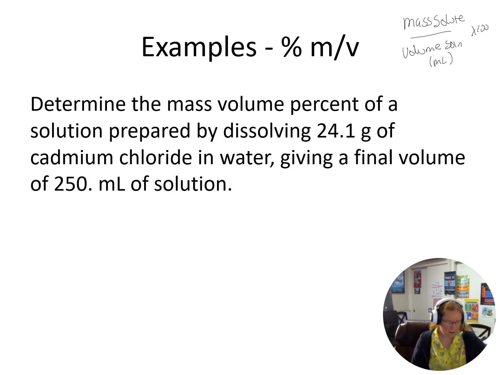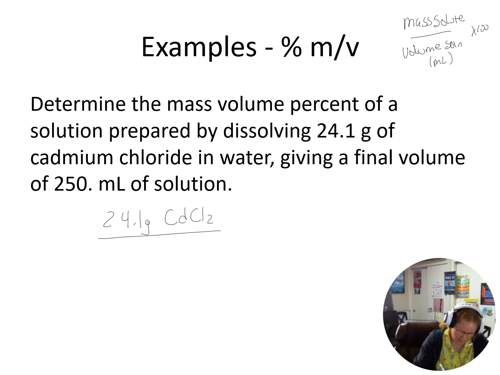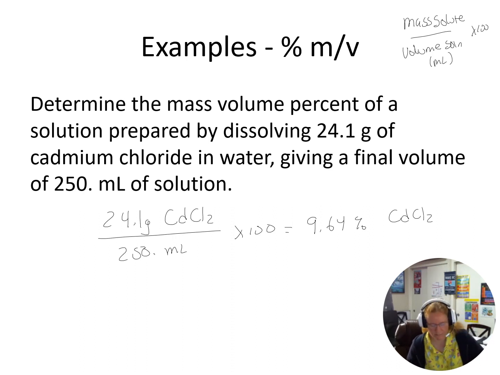So we have our mass of our solute, we have our volume of solution. So I have 24.1 grams of cadmium chloride and 250 milliliters of solution, times 100 gives me 9.64% by volume cadmium chloride.